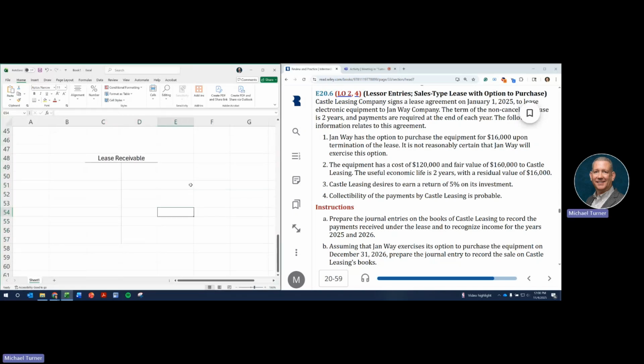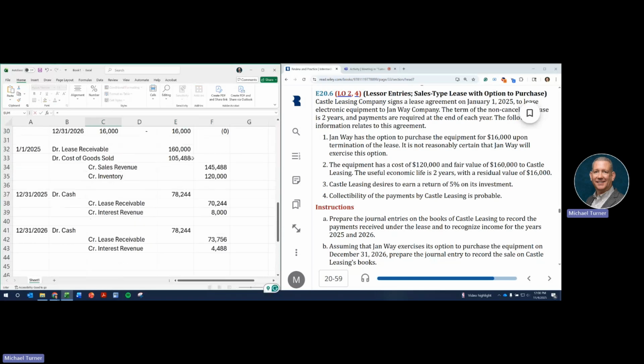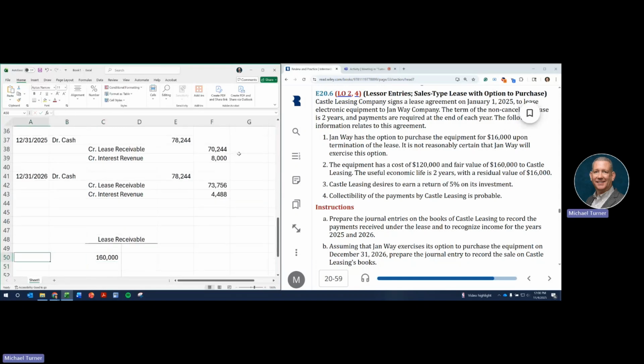Okay, so there's our T account for lease receivable. The first amount entered is a debit of $160,000 from January 1st, 2025. So this is at lease initiation. We recorded a debit of $160,000.